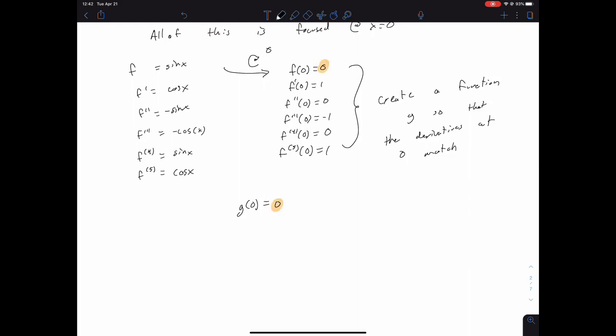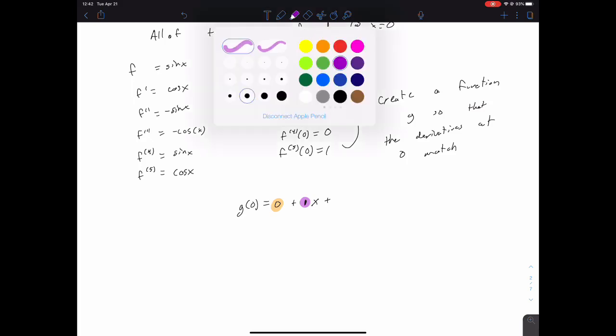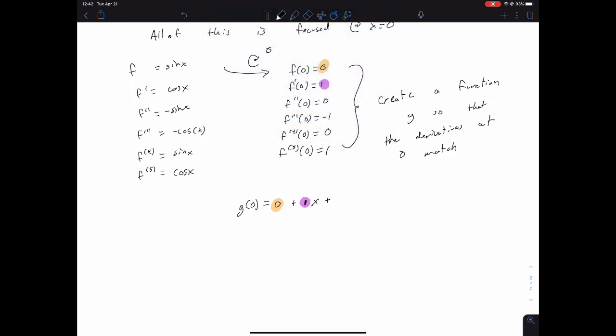If I want the first derivative to be 1, this is going to tell me what the coefficient of x is. So this one will be a 1 here. Okay, so let's check what we have so far. So g of 0 is 0 plus 0. g prime of x is 0 plus 1, so g prime of 0 is 1. That's good.